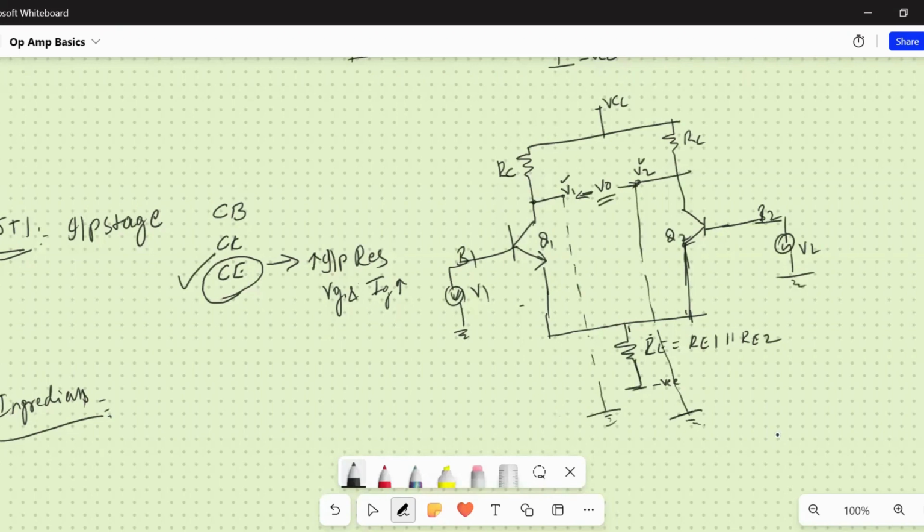So instead of this V1 here, can I rearrange a little bit here? It is nothing but this is V1, one terminal, another terminal. I'll bring it over here all the way.